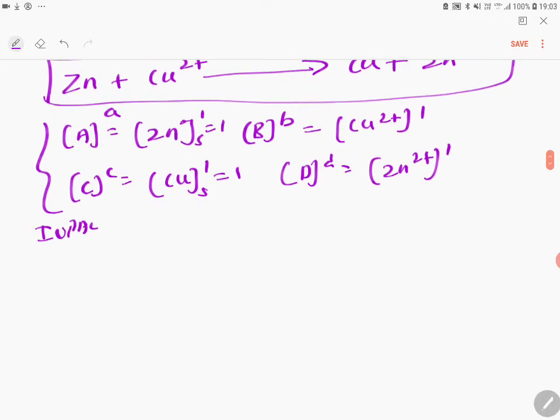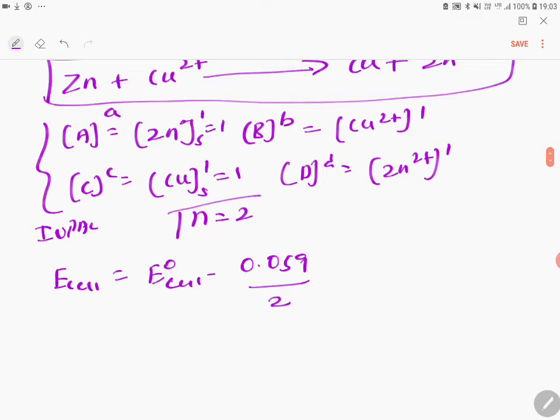Now you write the Nernst equation for this, and equilibrium constant. E cell is equal to E naught cell minus 0.059 by 2, because in the redox equation of the Daniell cell, n is equal to 2. All of you know this, we have discussed. log. So what is C power c? C power c is 1. So the C power c term will not come.